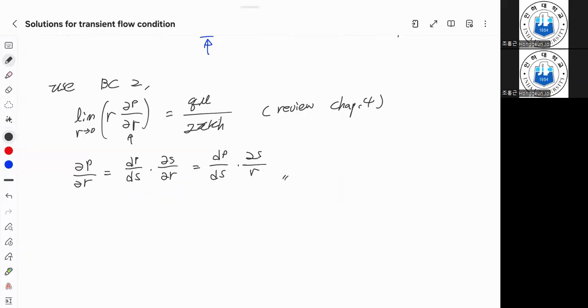So if we have this equation, then replace this part with this, then we will get the limit R equal to 0, or S goes to 0. We have 2S. Oh, wait a second here.